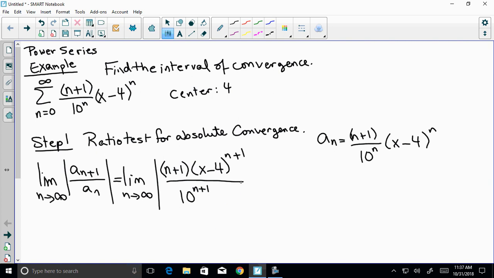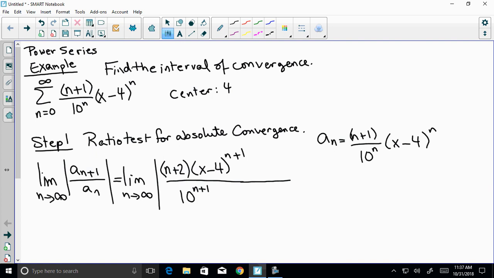Now, I'm going to divide it by a_n. Wouldn't that be n plus 2? Yes, thank you, because it's n plus 1 plus 1. Thank you so much for pointing that out. N plus 2. There. So that's my a_(n+1), right? Because you've got n plus 1, you add another one, you get n plus 2.